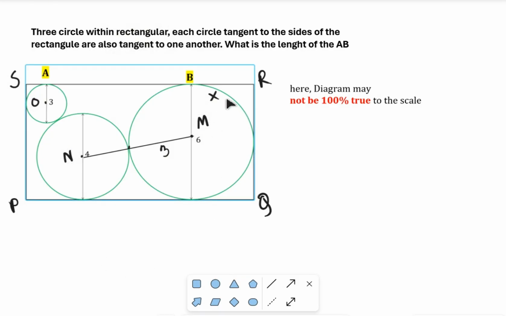So the radius is 3 and this one is 4. It means this length will be 2.